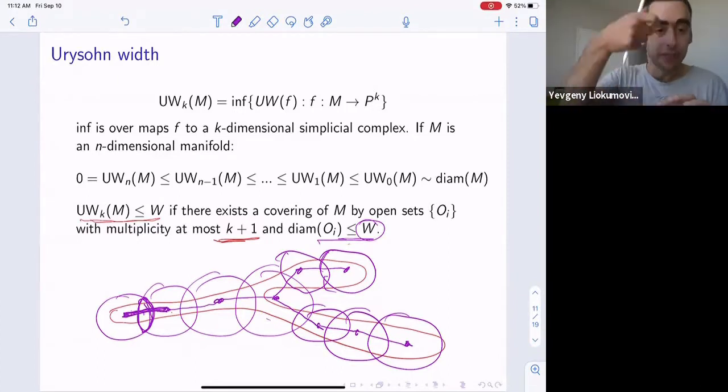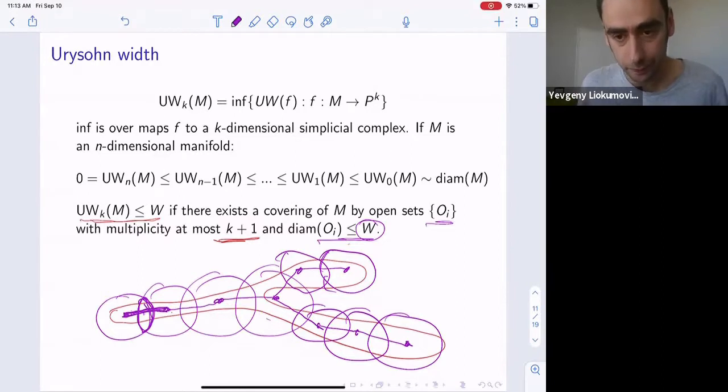And if you look at the preimages of these tiny open sets, then they will give you this nice covering with this property. So we have this nice definition, and there are two ways of thinking about it, either as diameters of fibers of a map into a polyhedral complex, or multiplicity of the covering with diameters of open sets controlled.